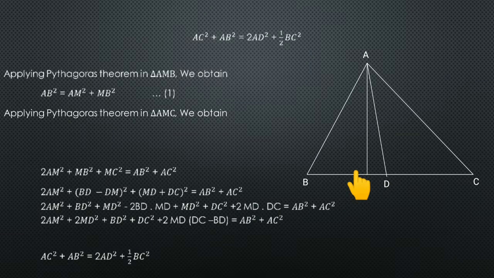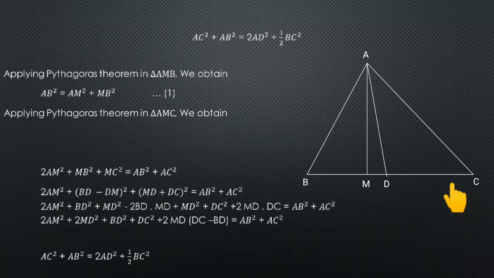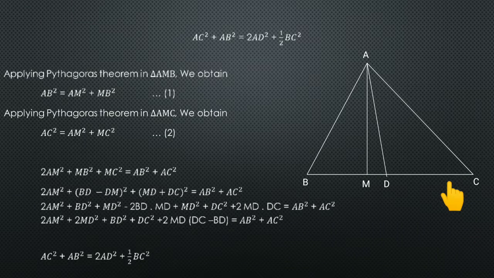Next, applying Pythagoras theorem on triangle AMC, AC square is equal to AM square plus MC square.